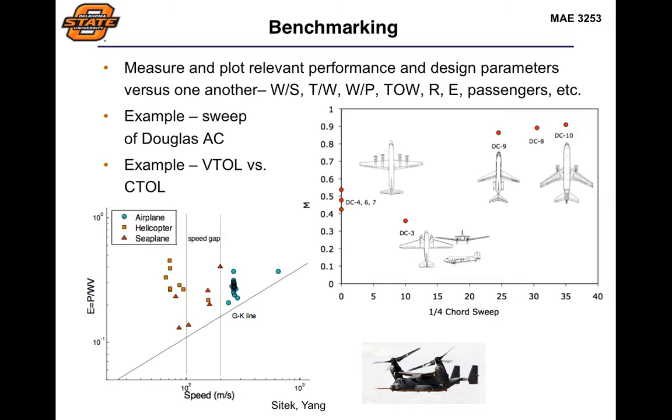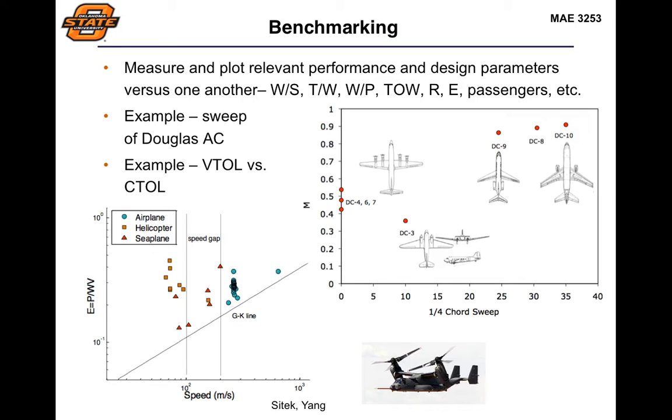So we can see directly from this that there's some kind of relationship. And as we go to the jet-powered aircraft, which are much faster, traveling in the range of Mach 0.8, we have much more significant sweep. So immediately, without knowing anything about the physics, we can say, oh, there must be some relationship here.